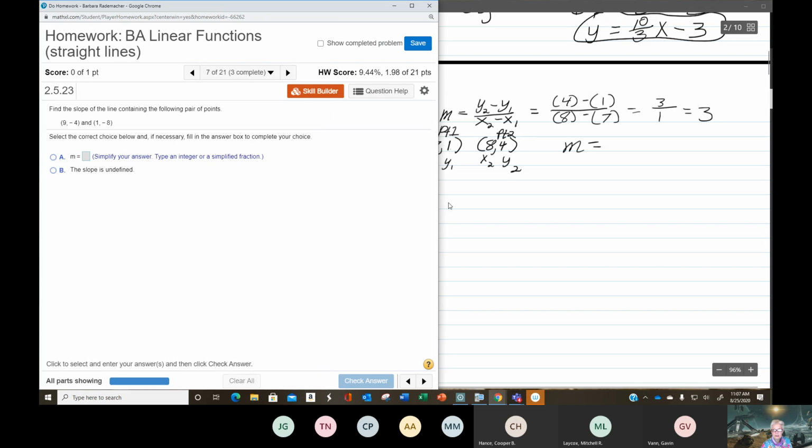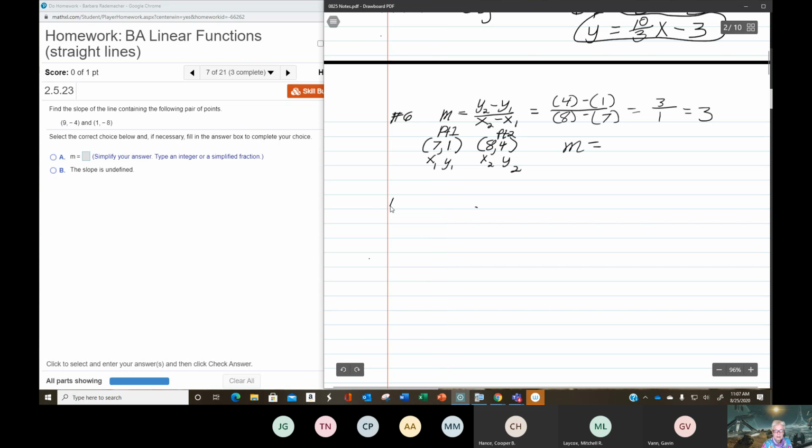For instance, here, we're going to have number 7, we've got 9, negative 4. Let that be x1, y1. And we've got 1, negative 8, 1 comma negative 8, and that's x2, y2.